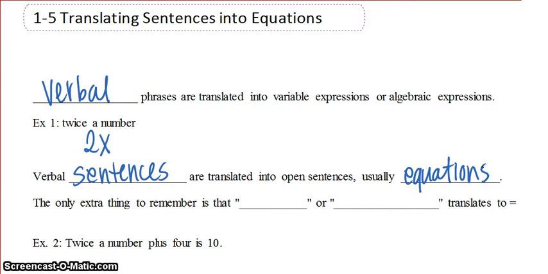So equations actually have equal signs, whereas expressions such as 2x, twice a number, don't have an equal sign. It's just an expression.